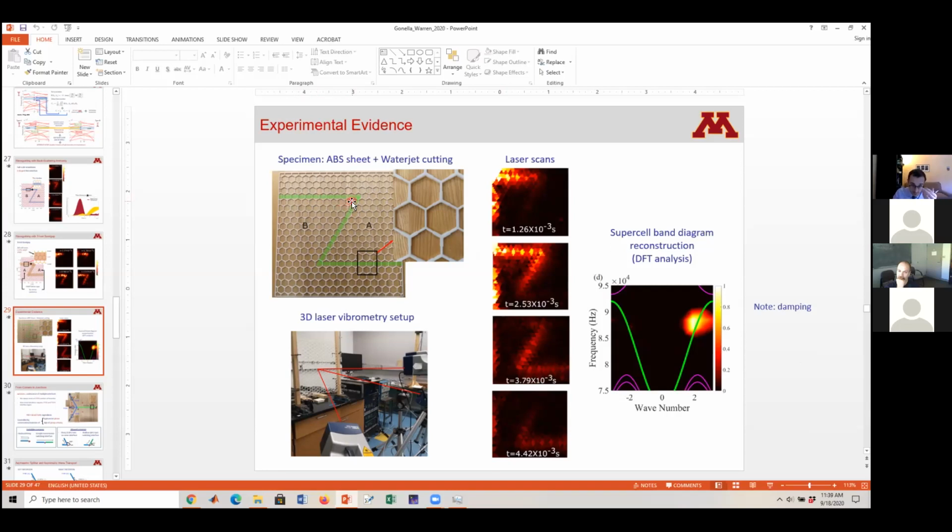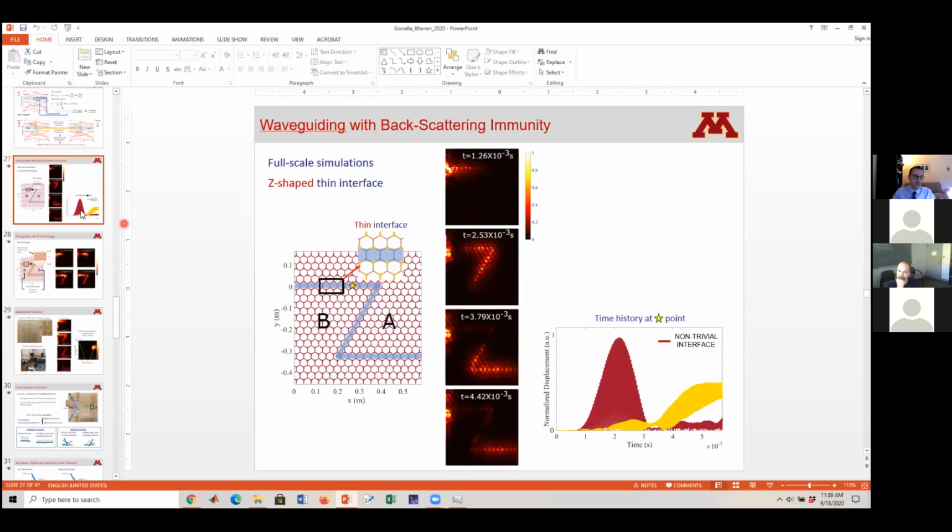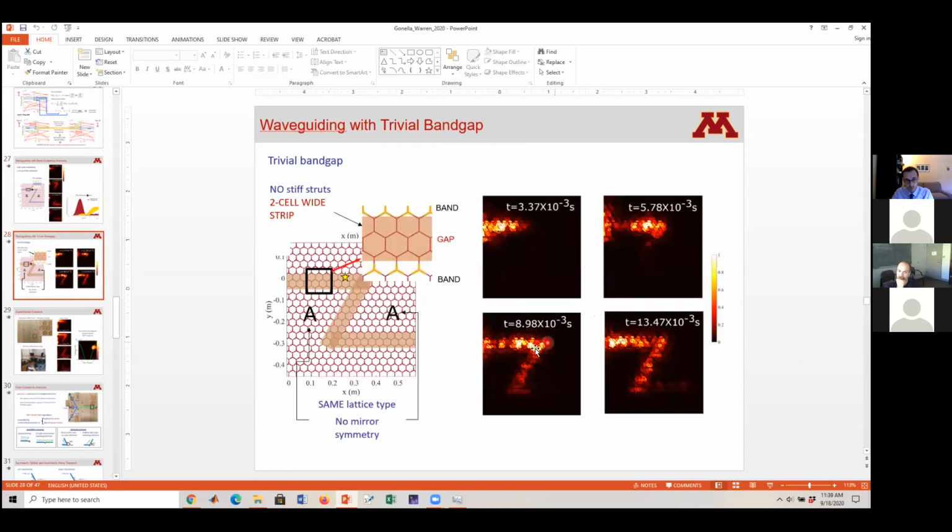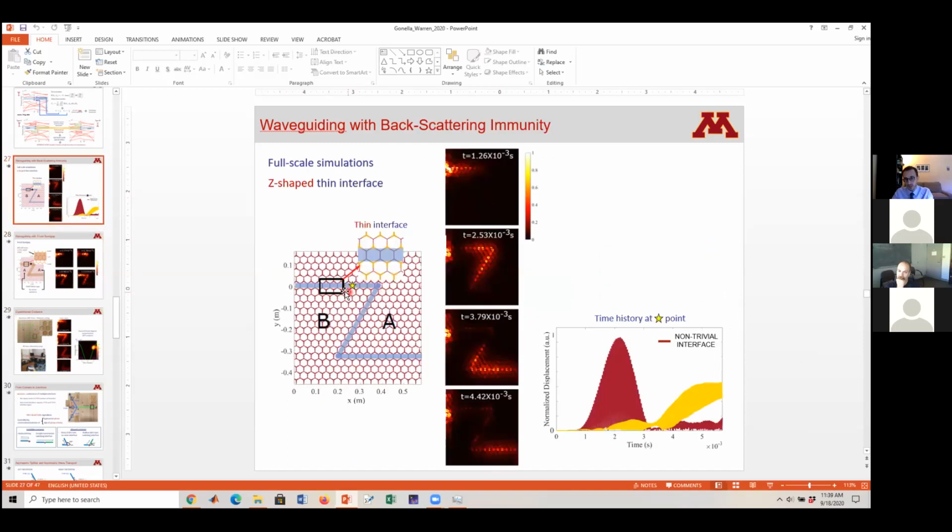The one scatterer that I have used here in my demonstration is the sharp corner, which in normal cases does scatter back, but with this non-trivial waveguide does not scatter back. So this is the kind of geometric anomaly that topology protects the problem against.